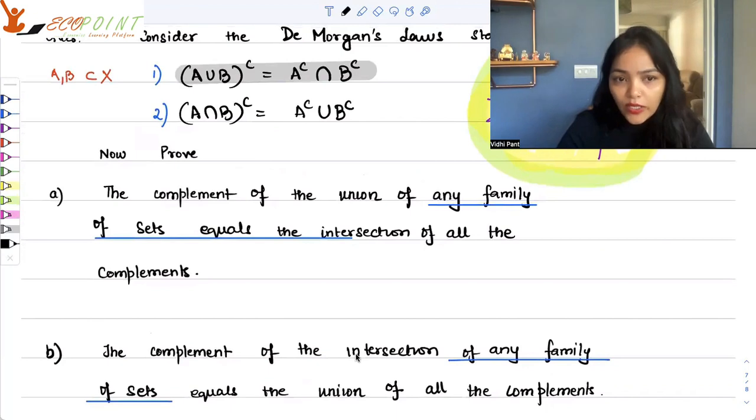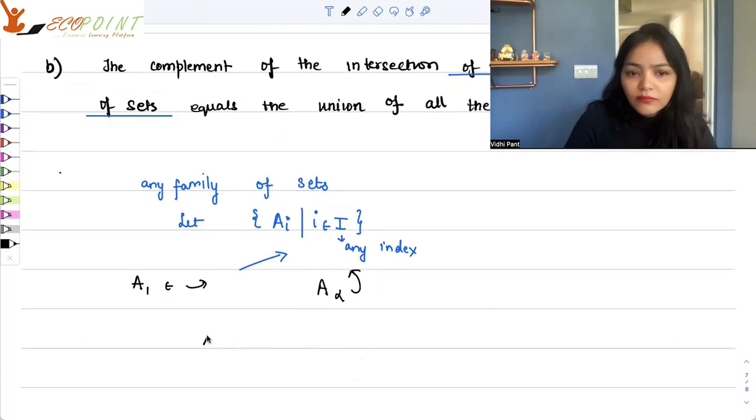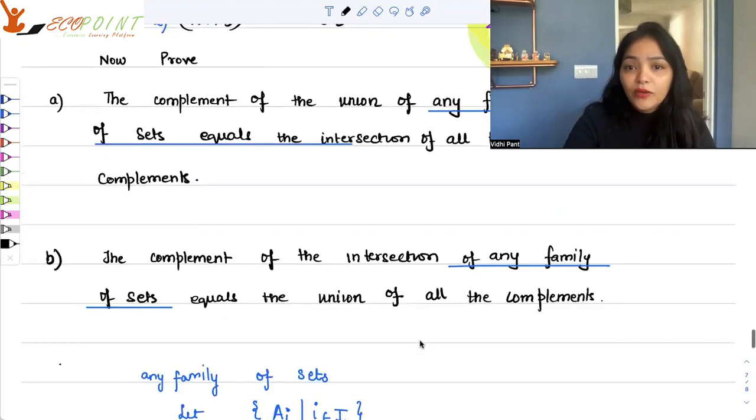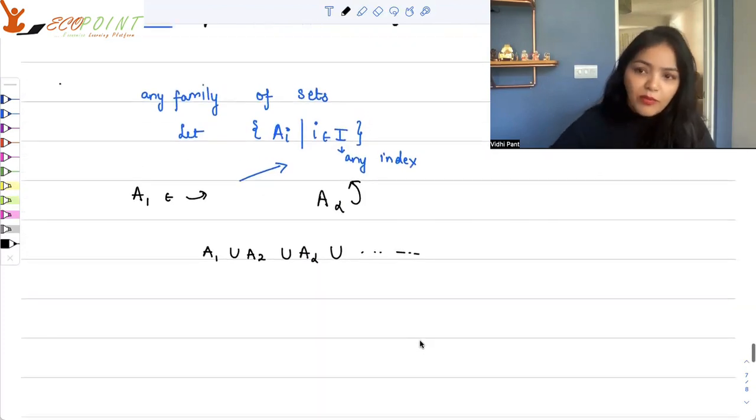Statement 1 is talking about the complement of the union of any family of sets. So what is the union of any family of sets? You're talking about, say, A1 union A2 union A alpha union, so on and so forth, everything going on. Union of any family of sets means taking the union of whatever members are in this family.